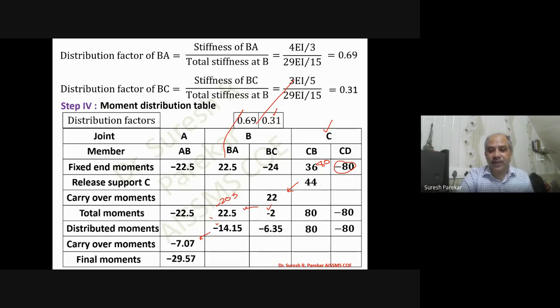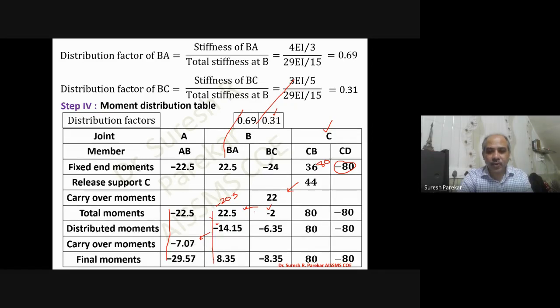So we will get the first value minus 29.57, second value 8.35, third value minus 8.35, 80 and minus 80. Now the values you have to add will be from the total moments onward. So from here to here, and from here to here.